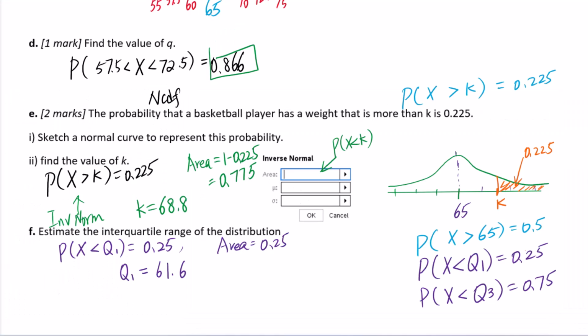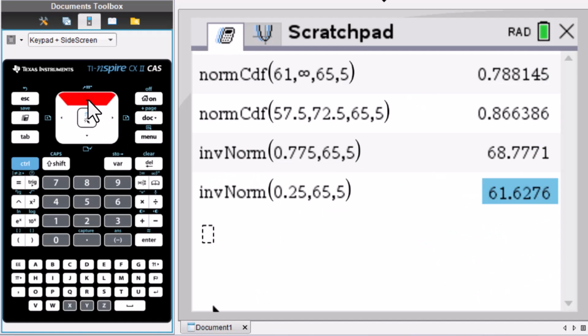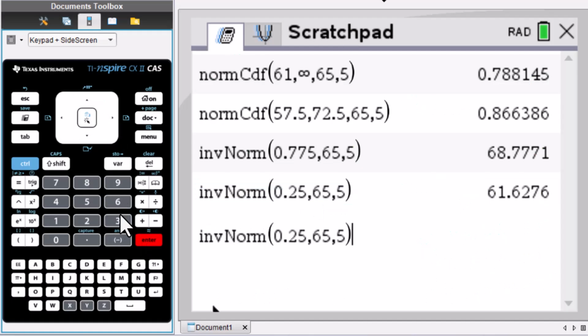Answer is 61.6. Probability of X less than Q3 equals 0.75, which means area equals 0.75. We will use inverse normal to work out this Q3. Go up. Enter.